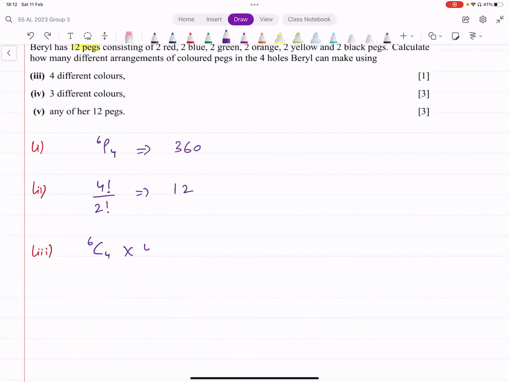That's going to be 6C4 into 4 factorial. Okay, that is going to give you something. 6C4 into 4 factorial. Can somebody tell me what this is? What does this come to? 360.